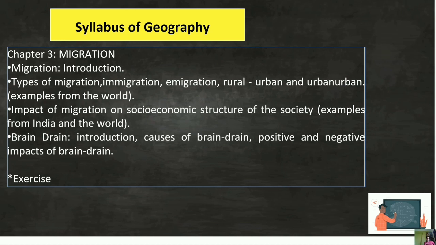Then we will shift to the next part of this topic, that is brain drain and brain gain. So what is brain gain and brain drain, and their causes, and also the positive and negative impacts of them. Also, we will practice some exercises regarding this topic. Okay.